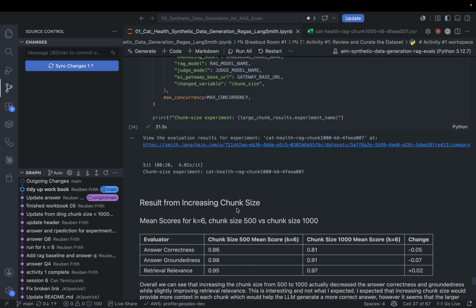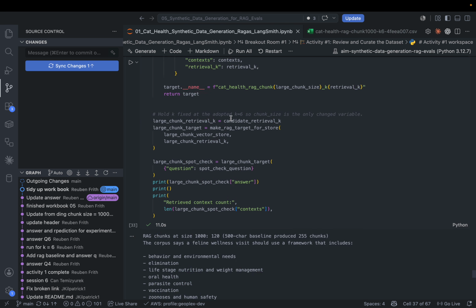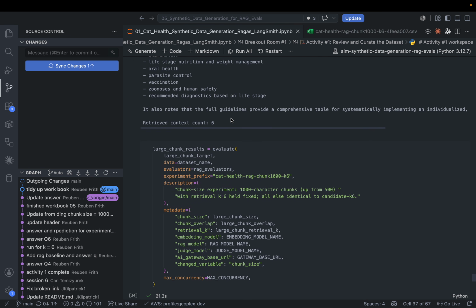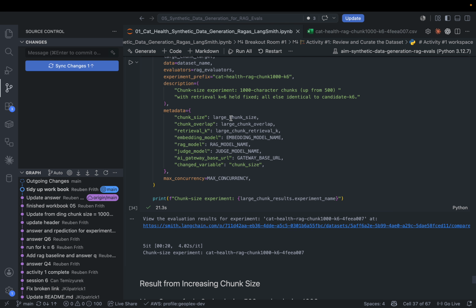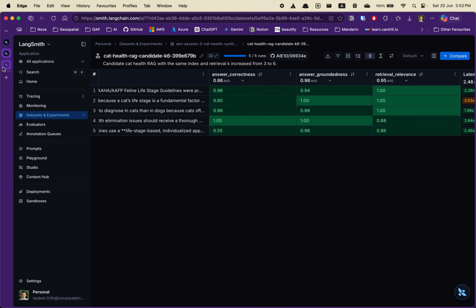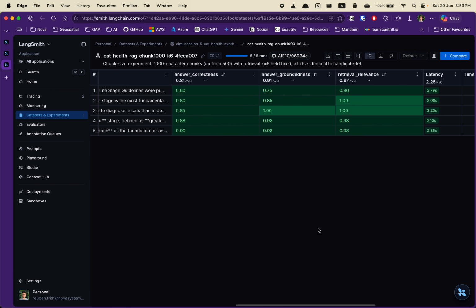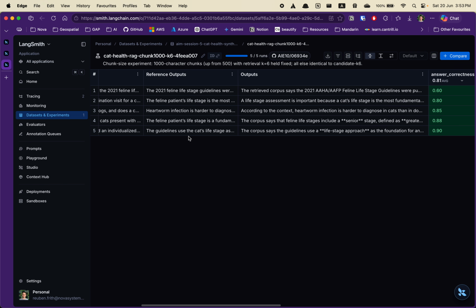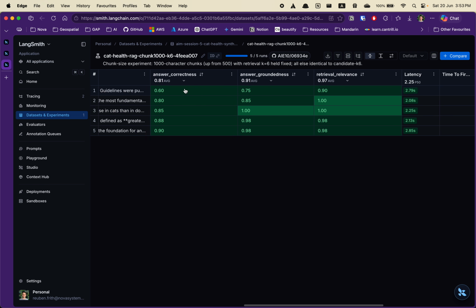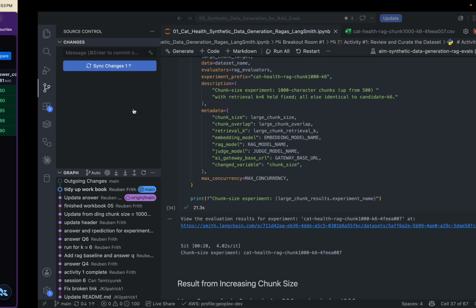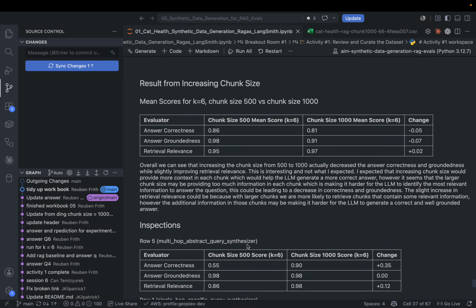So yeah, we remake the vector database and so on and increase the chunk size to 1,000. Then we rerun our evaluation and we can see that here, still green. There was a slight decrease in the average answers. I'll show you a summary table soon and talk to some specific examples.